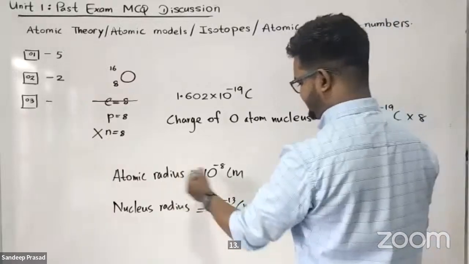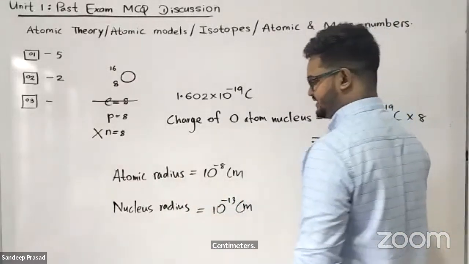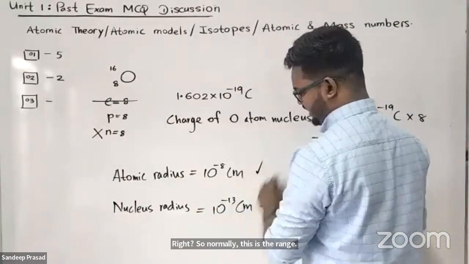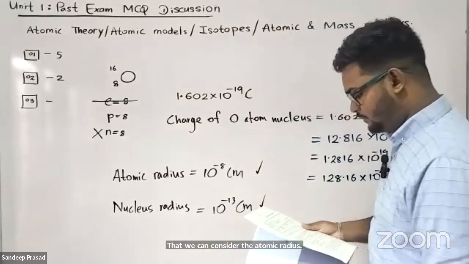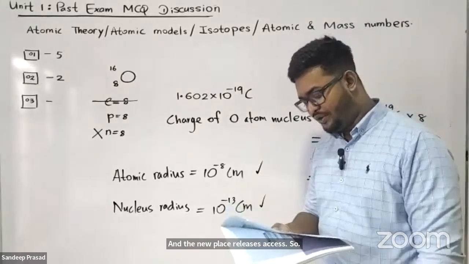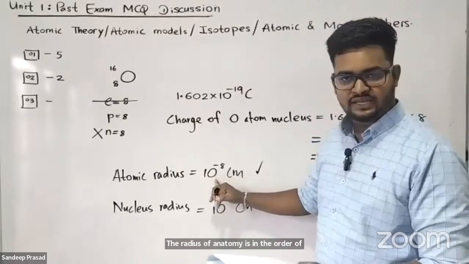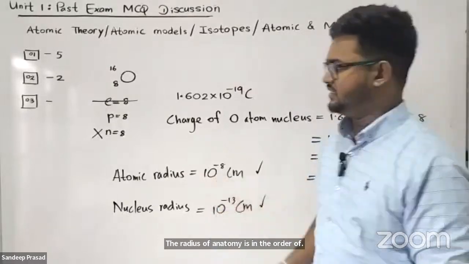So normally this is the range in which the atomic radius and the nucleus radius exist. Therefore, the radius of an atom is in the order of 10 to the power minus 8 centimeters. Question number 3, answer is.